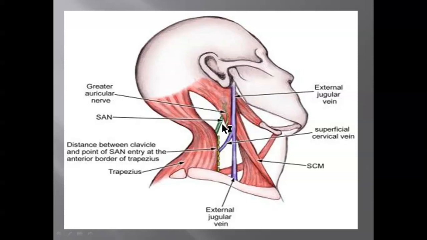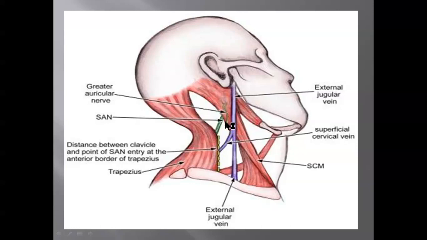Now the exiting point of your spinal accessory nerve from your sternocleidomastoid muscle is around 5 centimeters below your mastoid process over here. So one must know 5 centimeters somewhere here, and then it travels obliquely over here and enters your trapezius muscle. And this entry point of the accessory nerve into your trapezius muscle is again around 5 centimeters above your clavicle.